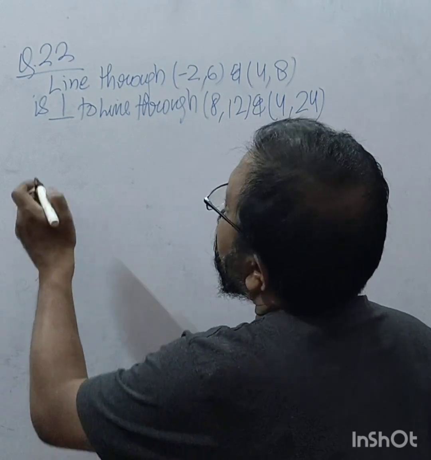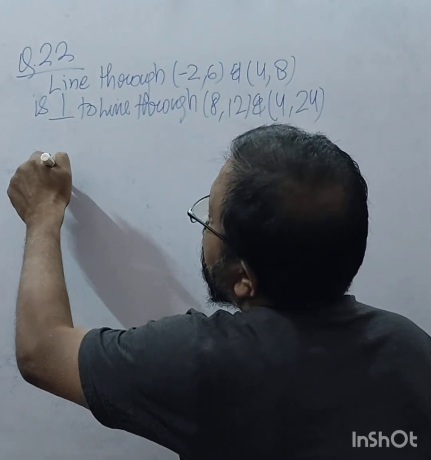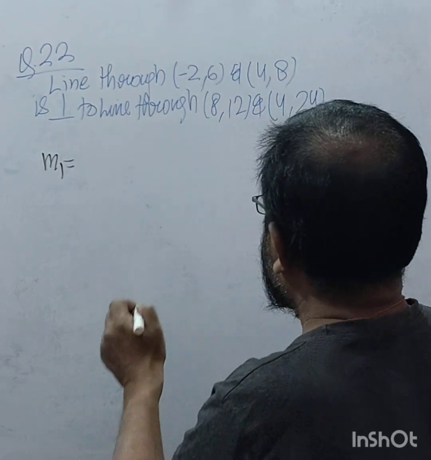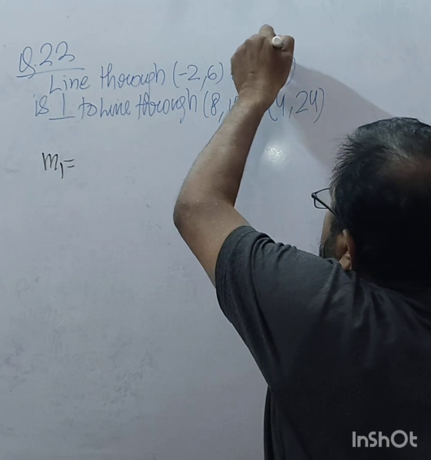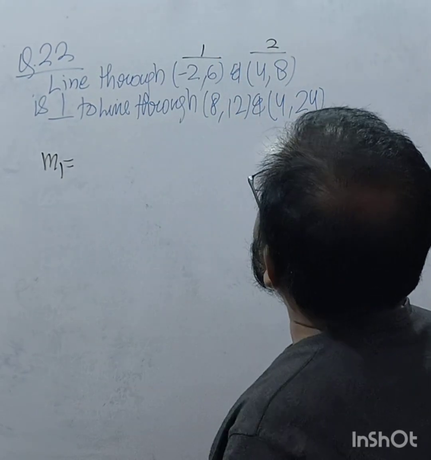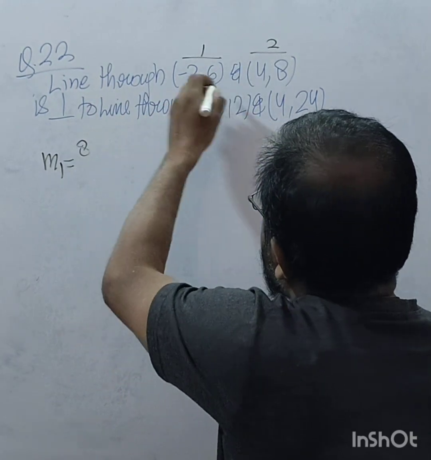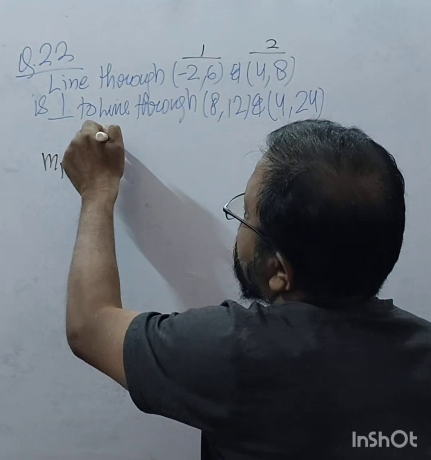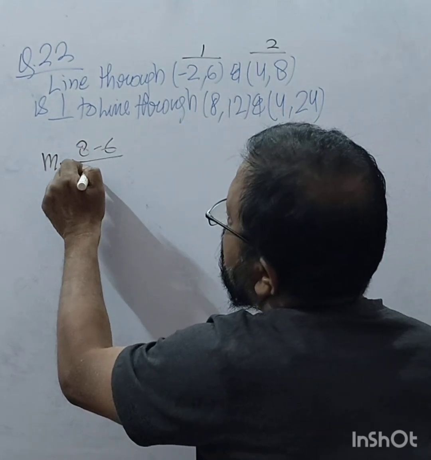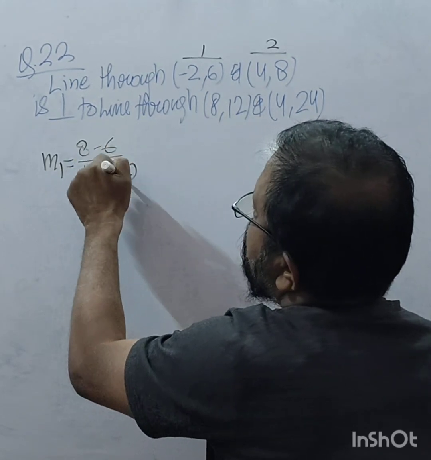Now we get M1 is equal to, this we have taken 2, this we have taken 1. So y2 8 minus 6 upon 4 minus 2.